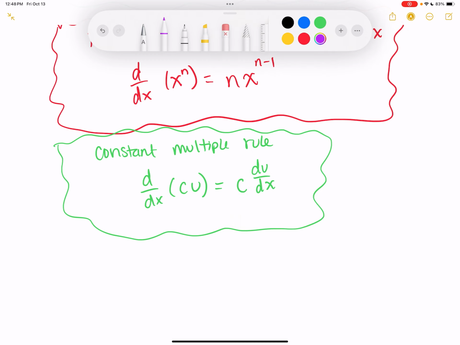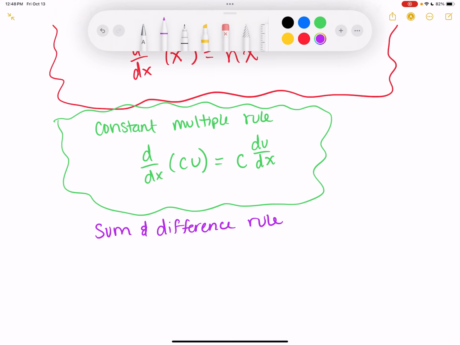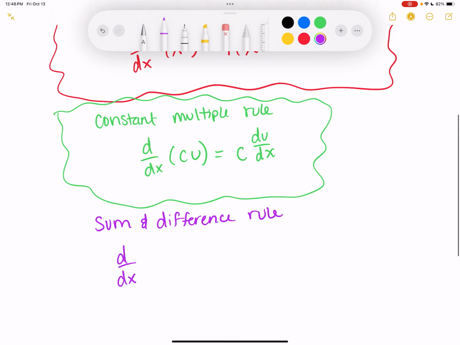All right, sum and difference rule. We've basically already done this as well. It's just going to be written a little differently. So d dx of u plus or minus v. Also, you're going to hate this because a lot of stuff is done in u's and v's.